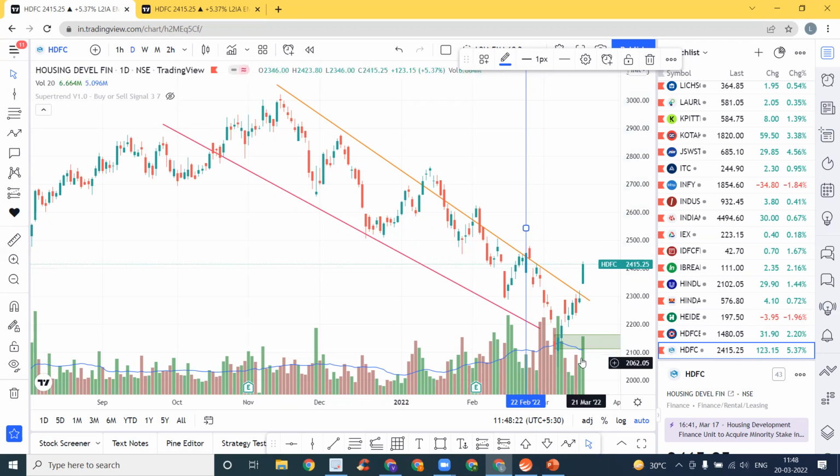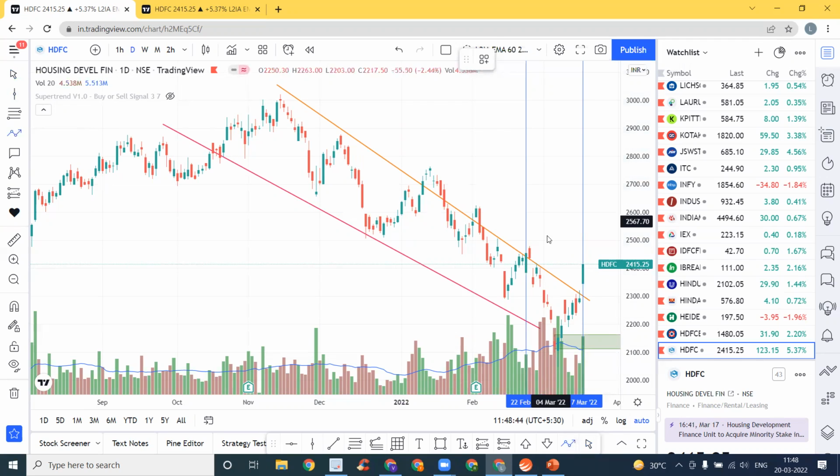But just now I'm seeing volume which is above the average. So possibility is there that this breakout will last. But what happens? I am not sure. Nobody can be sure how the market will behave. So we'll have to wait for the next candle, the next candle which will be formed over here at this point.